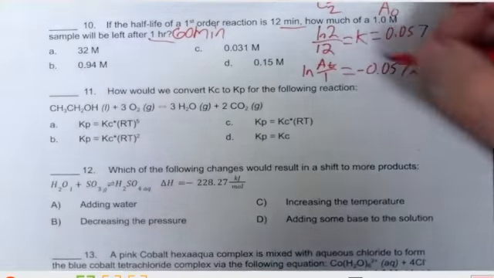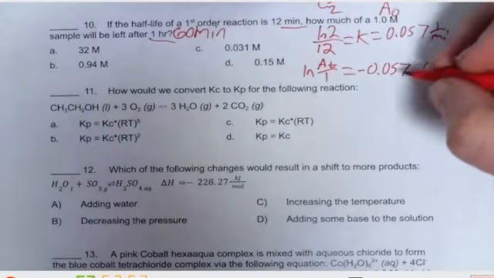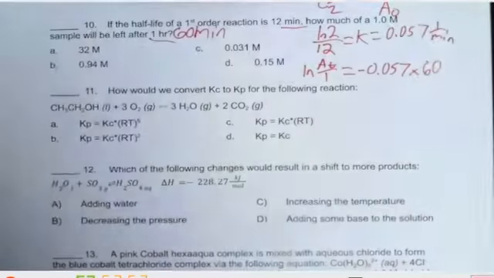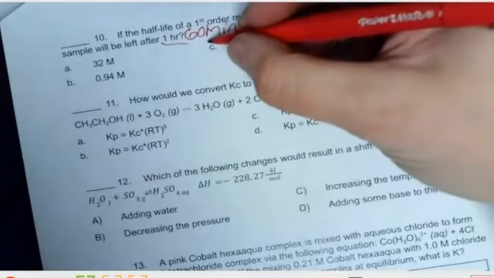That's units of 1 over minutes, and we want that to be minutes, so minutes and 1 over minutes cancel. 0.057 times 60 is negative 3.46. We take the inverse log. Inverse log of that is 0.031.